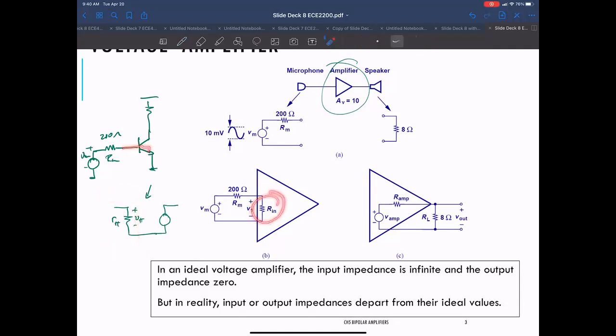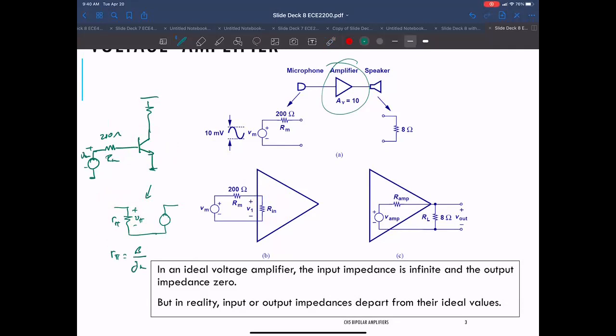So this R sub in, as we'll show in this configuration, would just be R sub pi. And you remember that R sub pi is something we have control over. R sub pi is beta over G sub m.